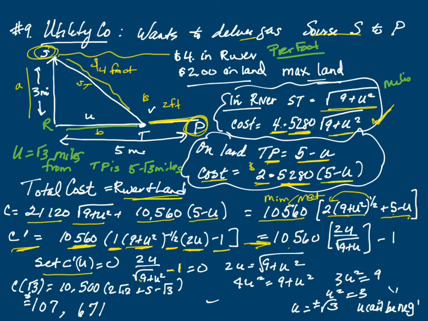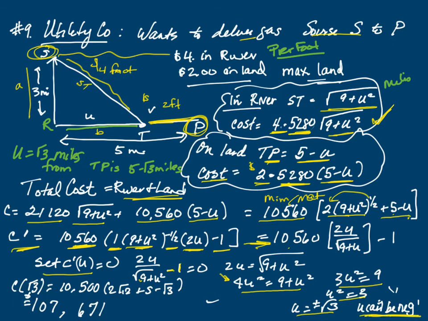Setting that equal to 0, you would get 2u equals the square root of 9 plus u squared. So square both sides and get 4u squared equals 9 plus u squared. Simplifying it, 3u squared is 9, u squared is 3, so u is plus or minus the square root of 3. But you would take away the negative because the length of a road can't be negative.